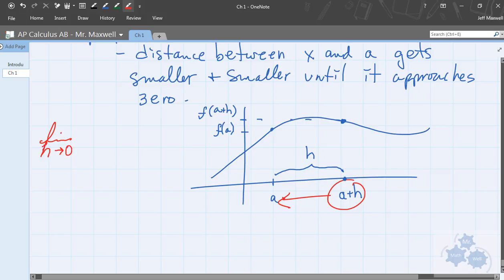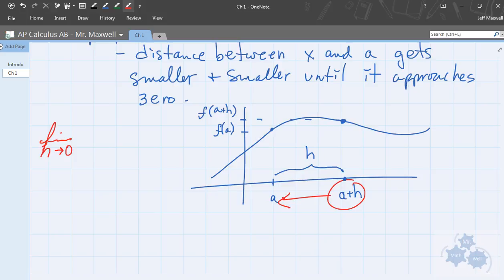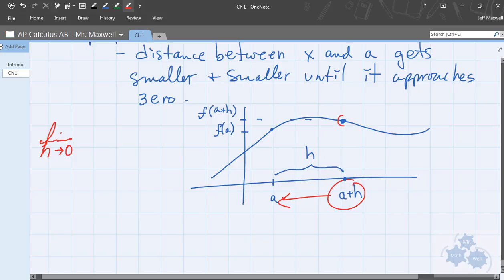Okay, so the limit as h approaches 0. Now, we go back to the same idea of the slope of the line, which is the difference in y values divided by the difference in x values.